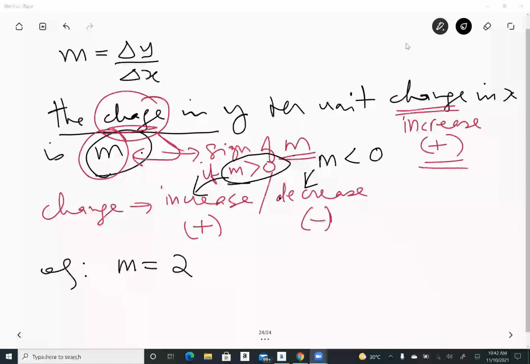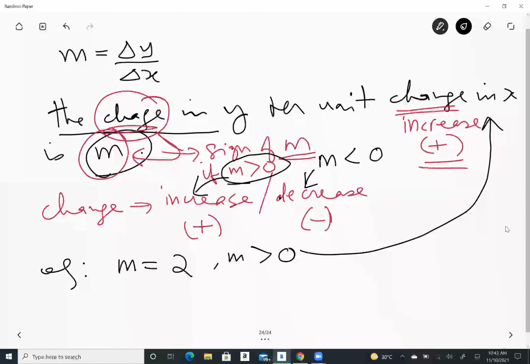Okay, so now the example is M equal to 2. That means it's positive. Now you want to describe it as the definition. We say X will increase by 1 unit.